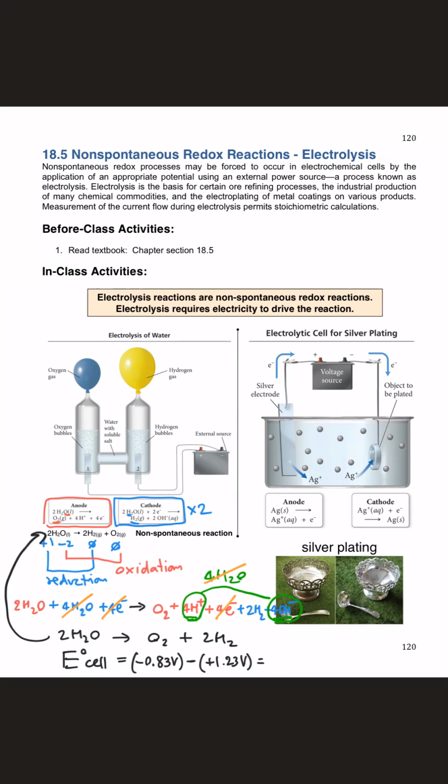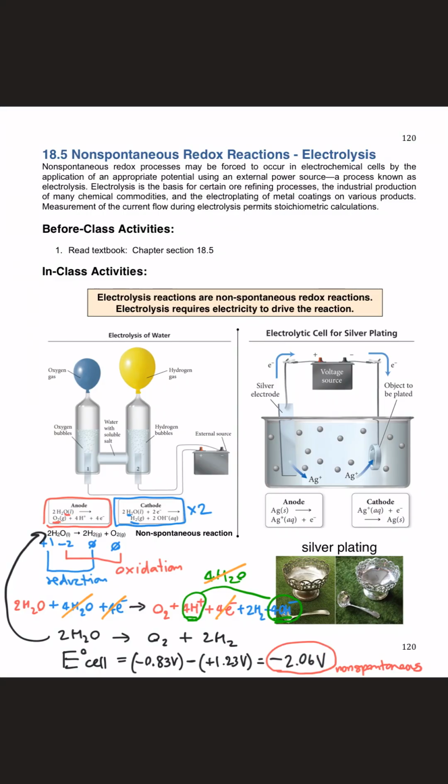Therefore, the standard cell potential for the electrolysis of water would equal negative 2.06 volt. The negative value indicates that this reaction is non-spontaneous. In order to make this non-spontaneous redox reaction occur, at least 2.06 volt is required to drive the reaction in the non-spontaneous direction.